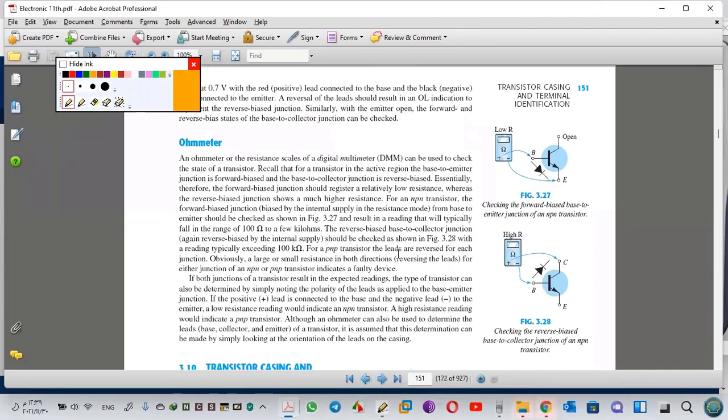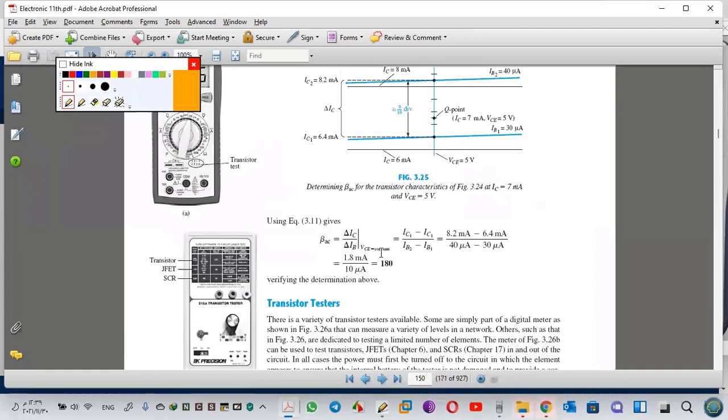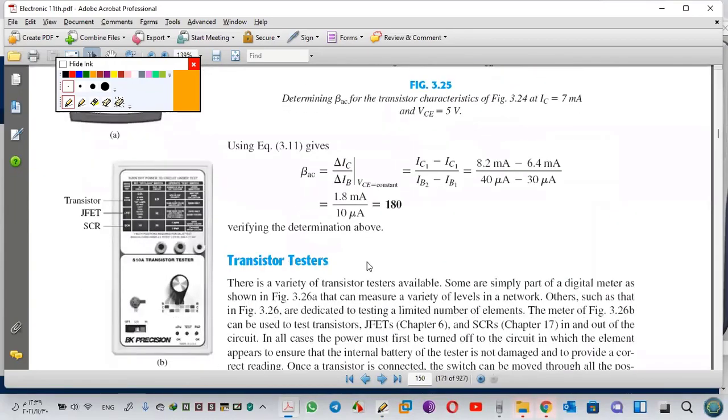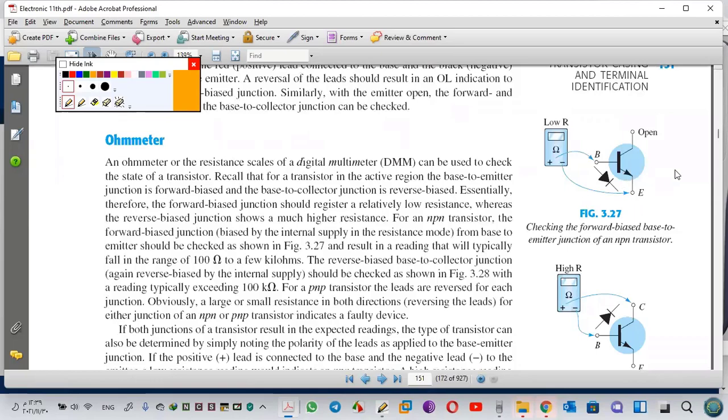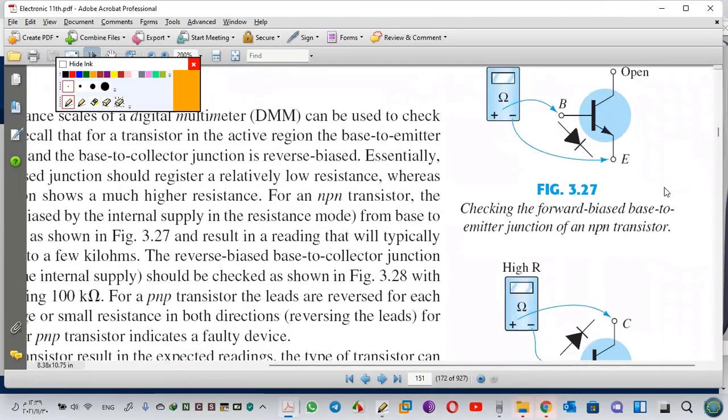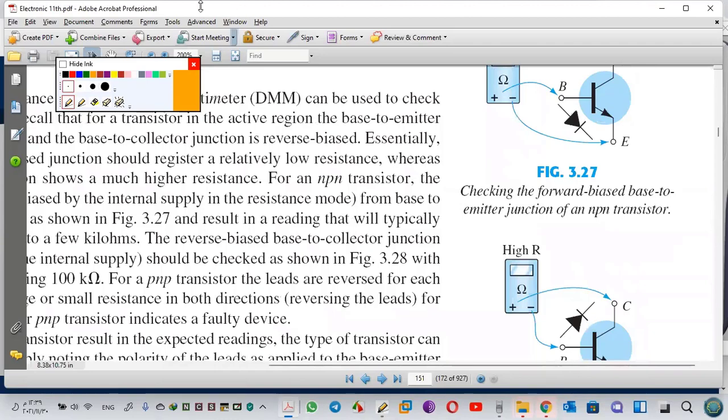Here, if you want, in our book, we can determine which one is NPN and PNP. Here, we cannot use a transistor but an ohmmeter. See here, if you are using an ohmmeter, you have to find something like this. From here to here, it's 0.7. Here to here also should be open.